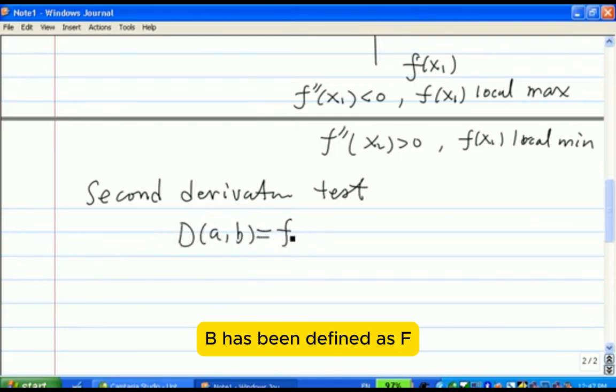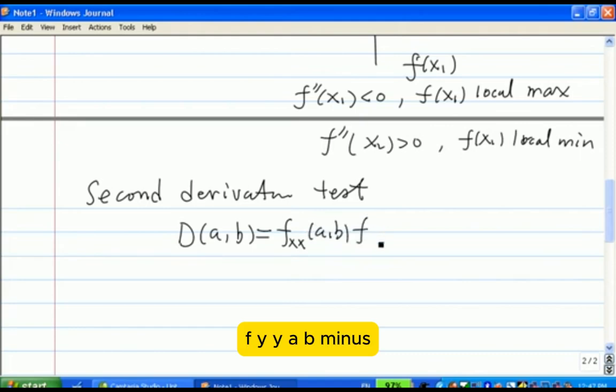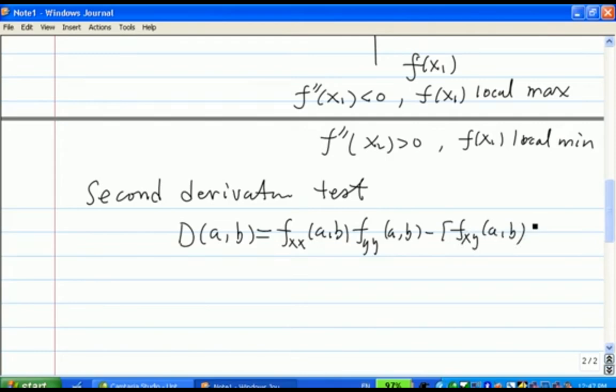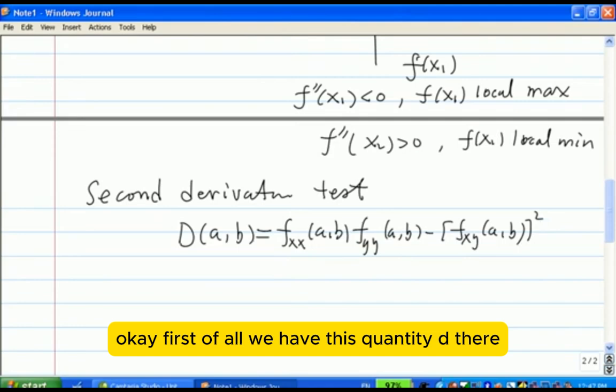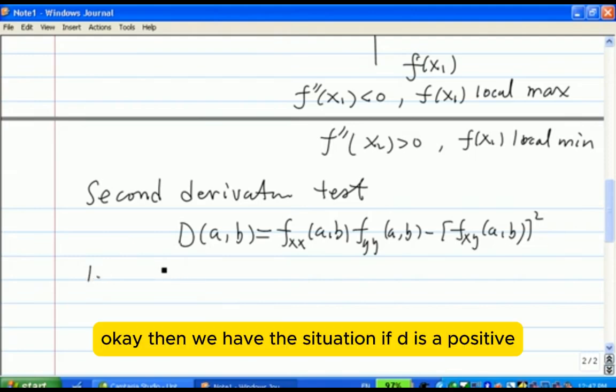It is defined as f_xx(a,b) times f_yy(a,b) minus f_xy(a,b) squared. First of all, you need to find this quantity D. Then we have the situations.